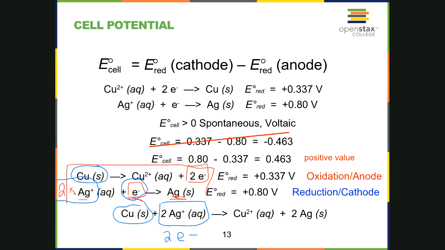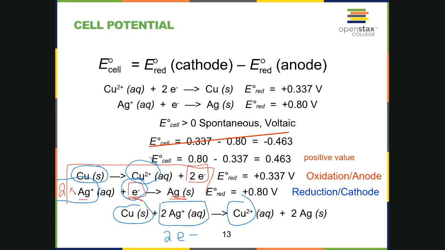Then I'm going to come over to the other side here. I've got a single 2 plus cation, so there it is, Cu2 plus aqueous. Okay, I'm going to take the 2 electrons here and write them below to show you why I'm not including them in the reaction.